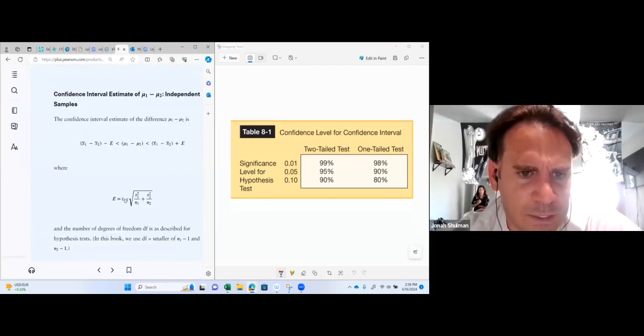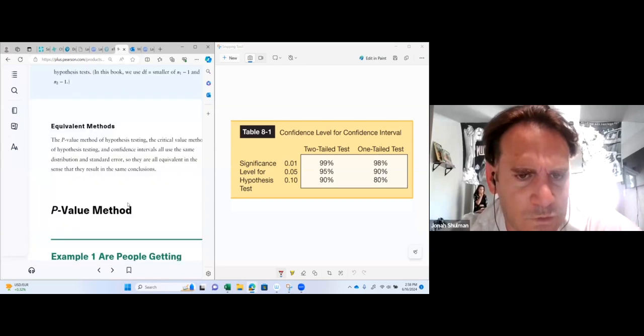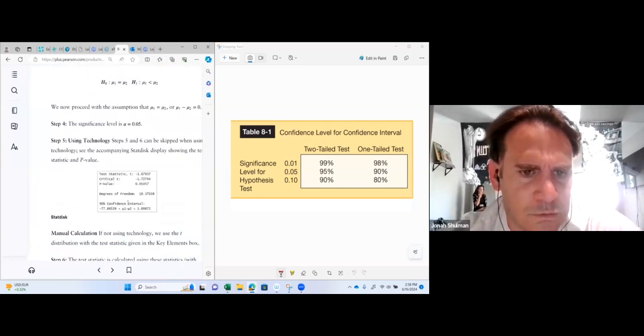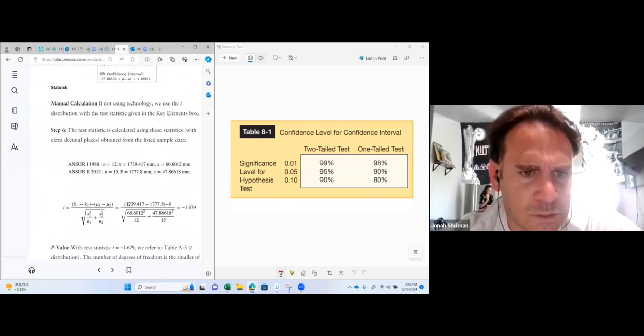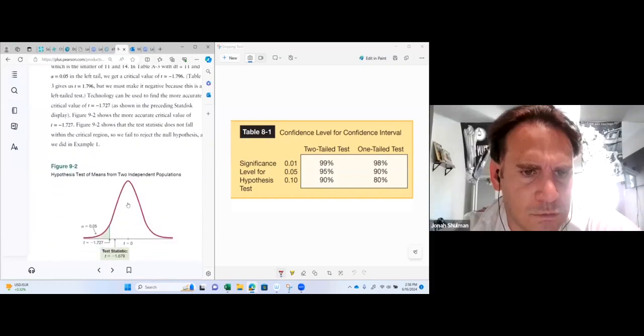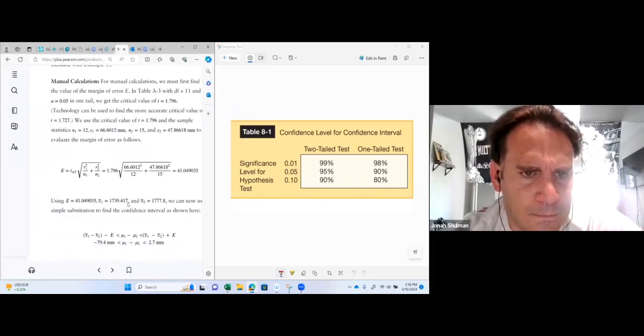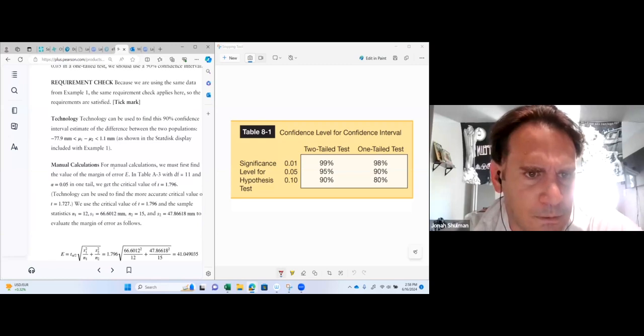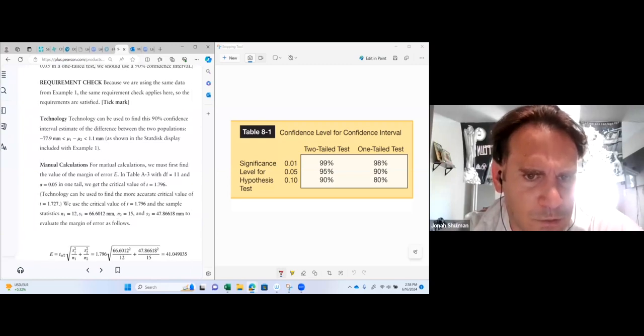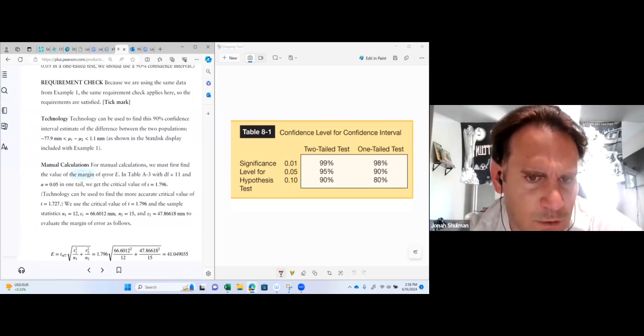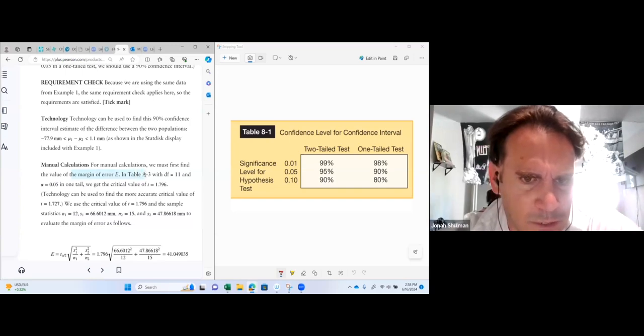The one thing is, how are they getting this t value of alpha over 2? That's regular t. So for manual calculations, we first find the value in table A-3 with degrees of freedom 11 and 0.05 in one tail, we get this critical value.